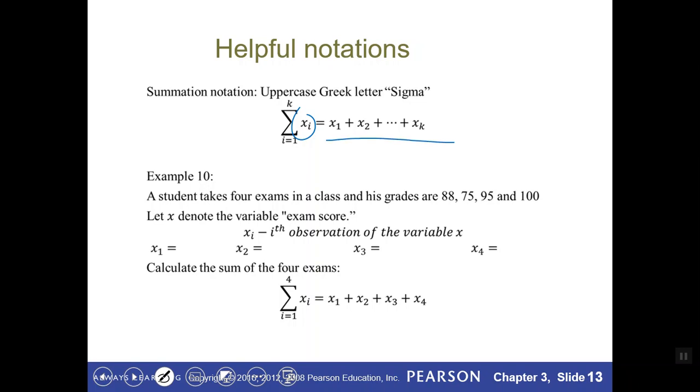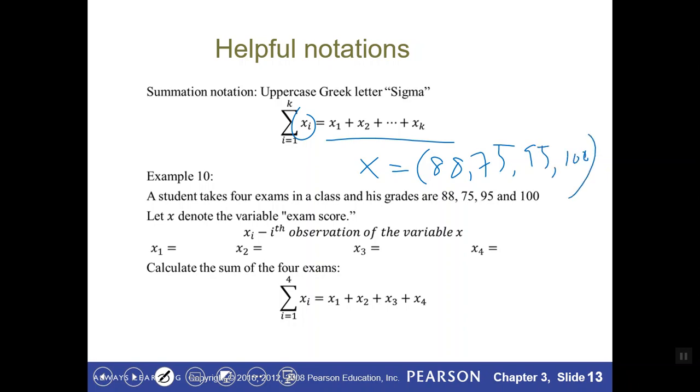For an example, a student takes 4 exams in class and the grades are 88, 75, 95 and 100. X denotes the variable, the exam scores. So X has these values: 88, 75, 95 and 100.